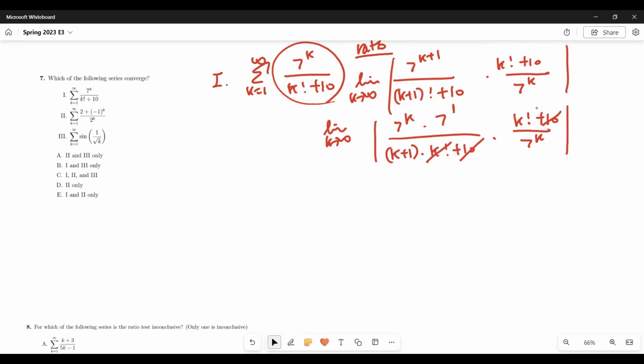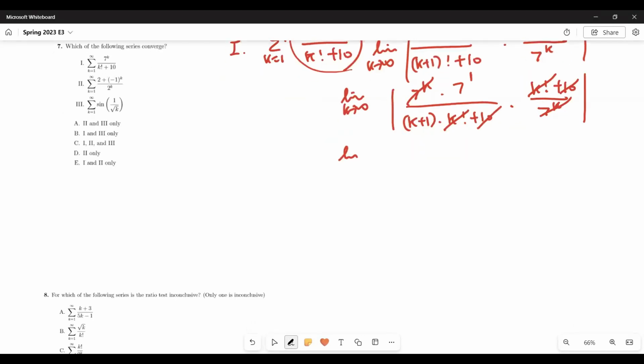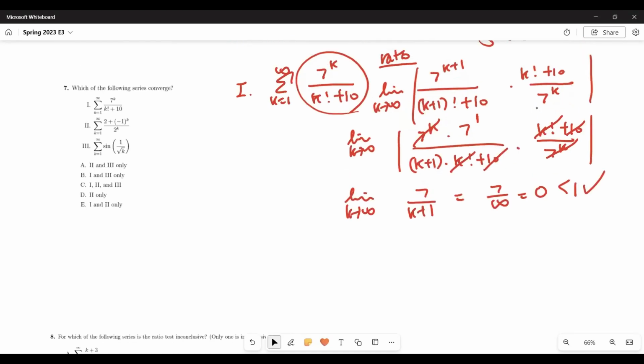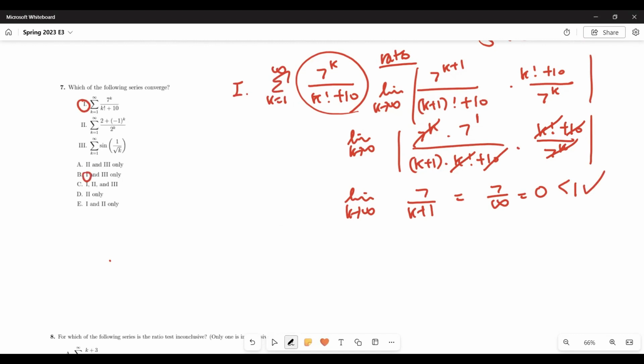K factorial will cancel out. 7 to the k can also be cancelled out. So the limit as k goes to infinity of 7 over k plus 1. If you plug it in, this is 7 over infinity, which is 0, which is less than 1, so it converges. So 1 is right. That means B, C, E can be our options, not D and A.